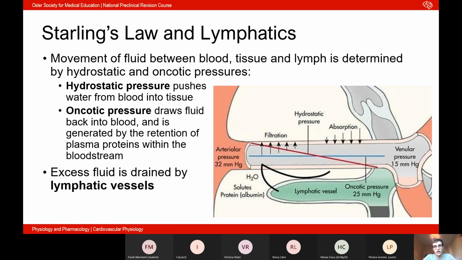The reason we absorb fluid is because proteins are retained within the vessel, and they therefore draw water back in at the venous end. That red line on this graph shows that balance of fluid movement. Having said all that, you still get a net pushing of fluid out into tissues, and that excess fluid is drained away by lymphatic vessels.